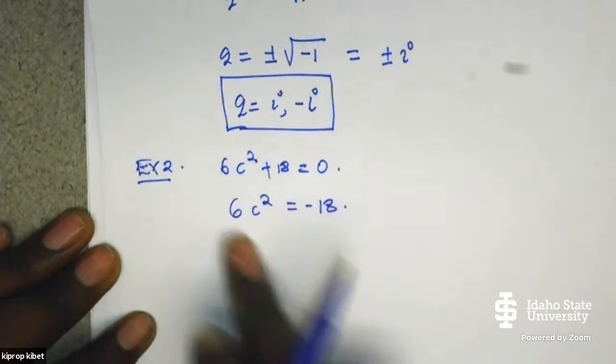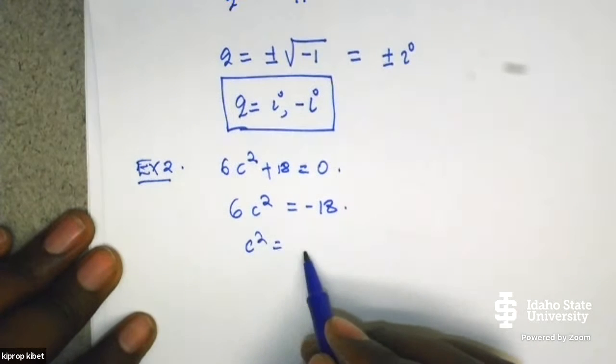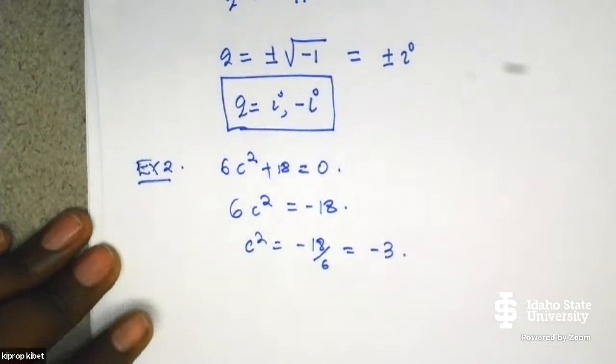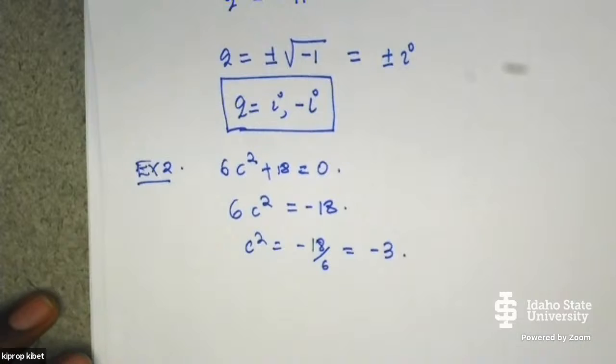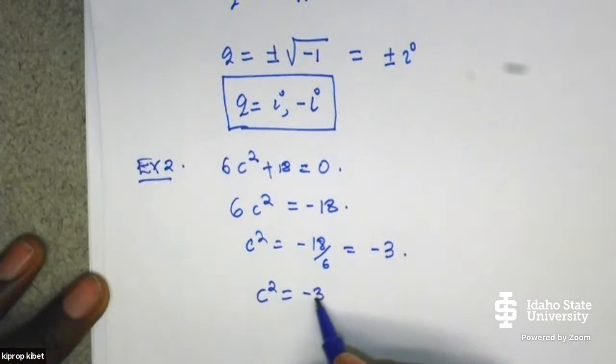And then you divide both sides by 6. So our c squared equals negative 18 divided by 6, which is negative 3. So we get c squared equals negative 3.